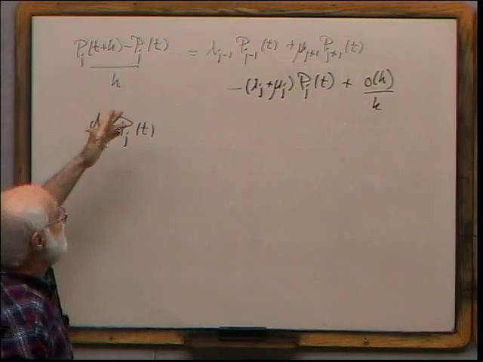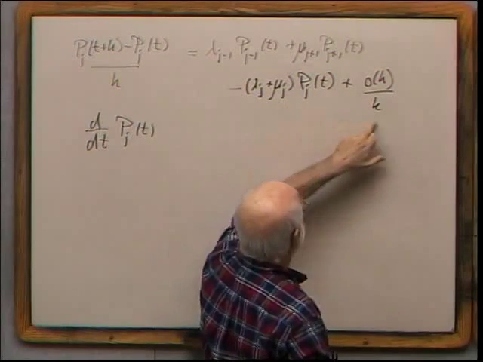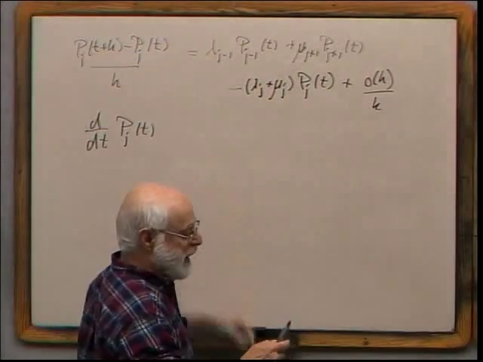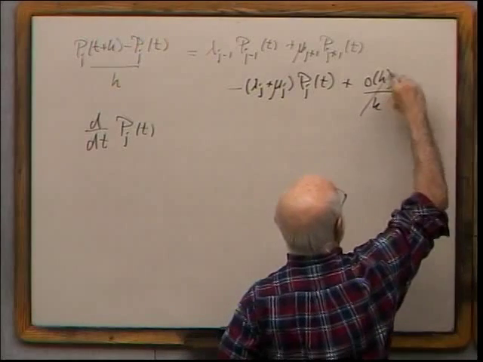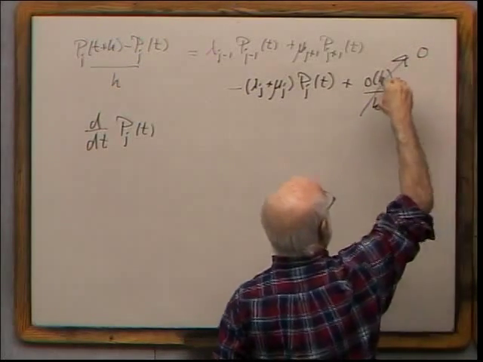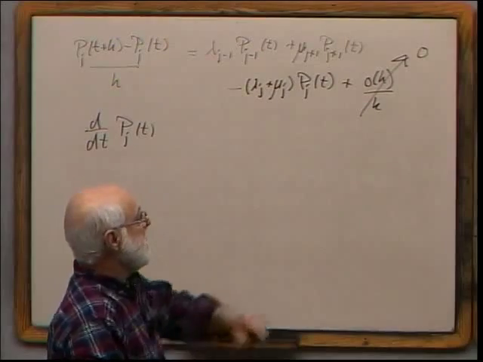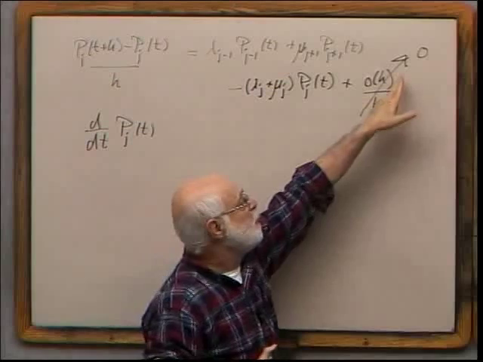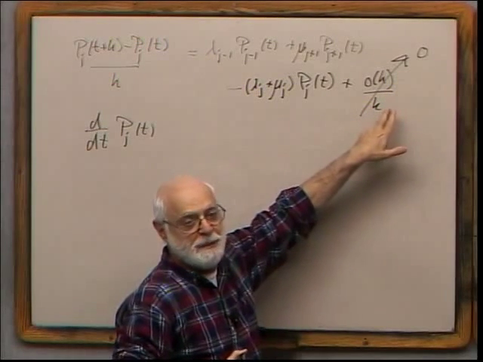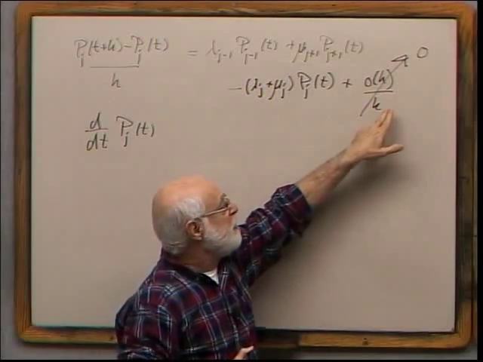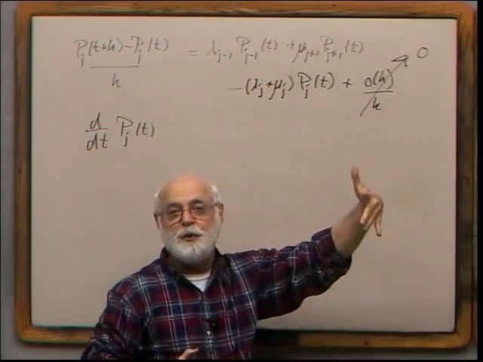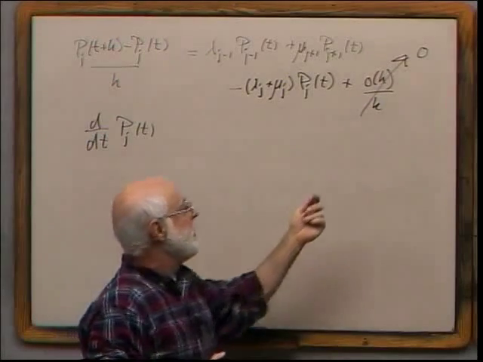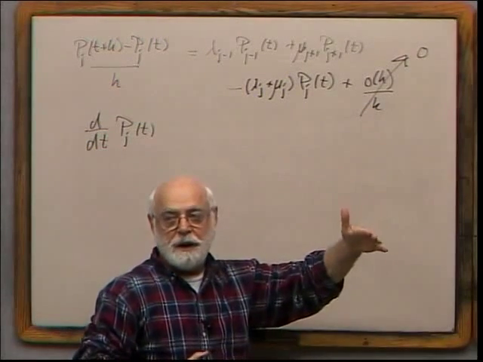Now on the right-hand side, you see that we don't have any h's here, but we have this h right there. Okay, now this is the key, which is that when h goes to 0, I'm going to assume that this thing goes to 0. In other words, the ratio of all of these little errors divided by the length of the interval goes to 0, which means that the numerator goes to 0 faster than the denominator does. So whether or not this makes any sense, what this actually means, we don't know, although you're going to see shortly that it essentially implies that the functions we're talking about are exponentially distributed.